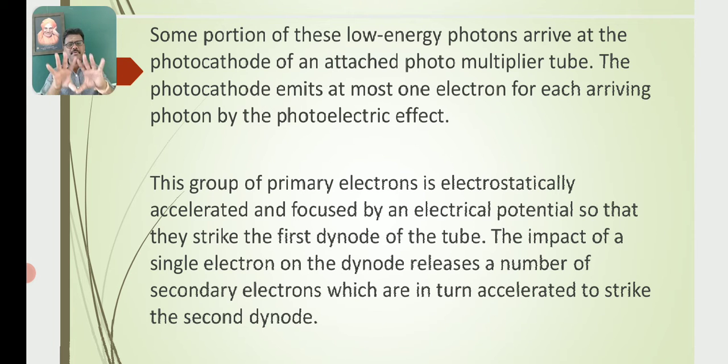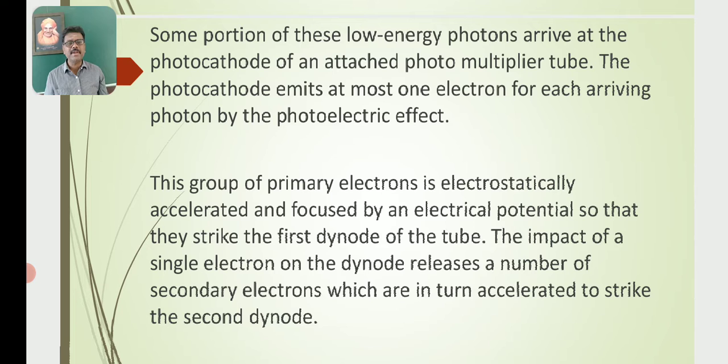So we know that a number of diodes are arranged in the scintillation counter. Due to the photoelectric effect, the electrons liberated are called primary electrons, each photon producing one electron.